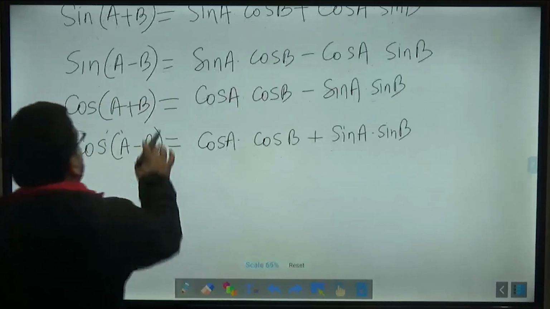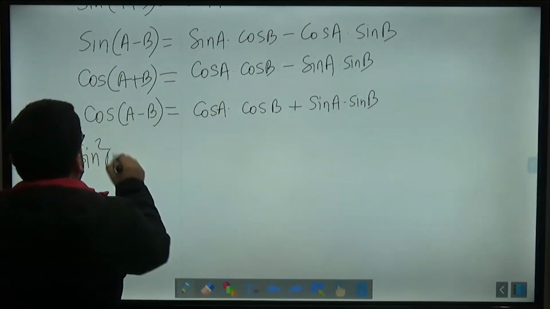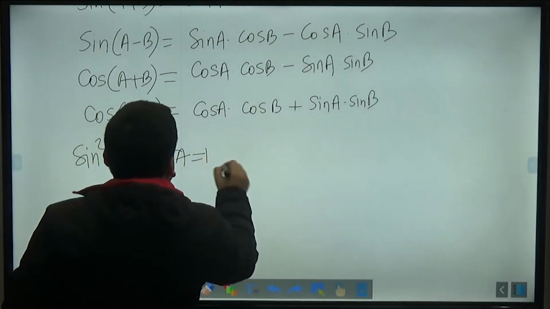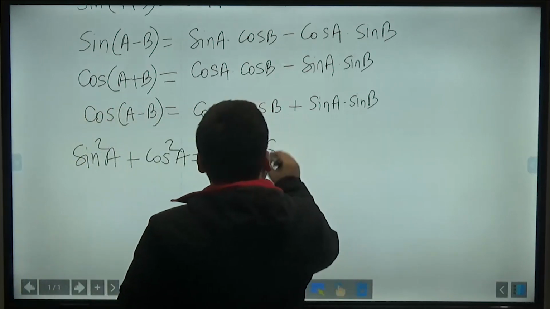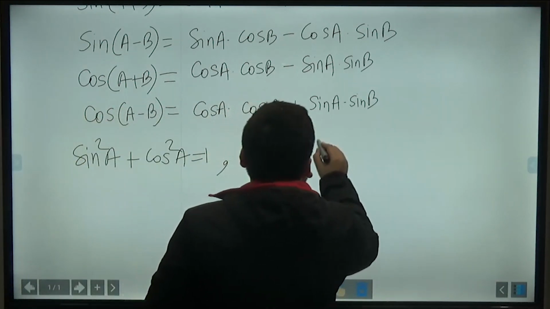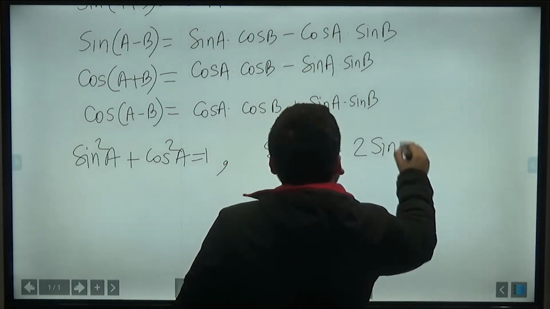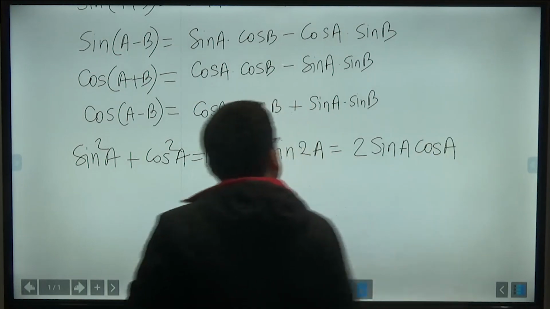One more formula I told you will be useful, that is sine square a plus cos square a. Everybody knows it. It is equal to 1. After it, sine 2a, this also everybody knows. Sine 2a is 2 sine a into cos of a.